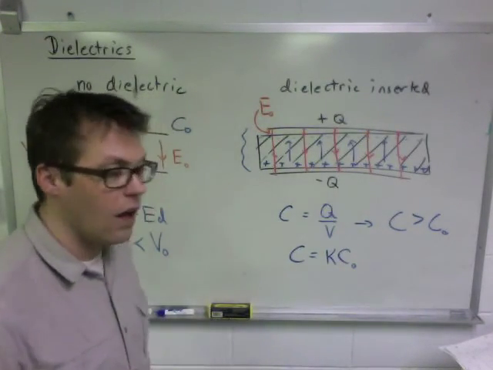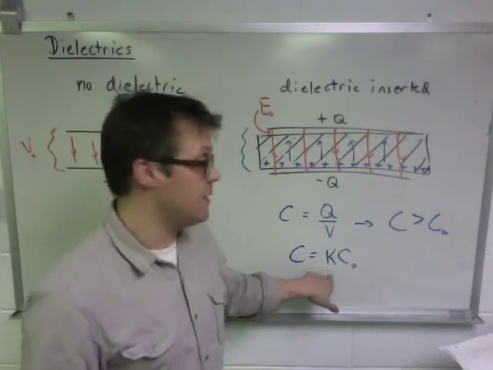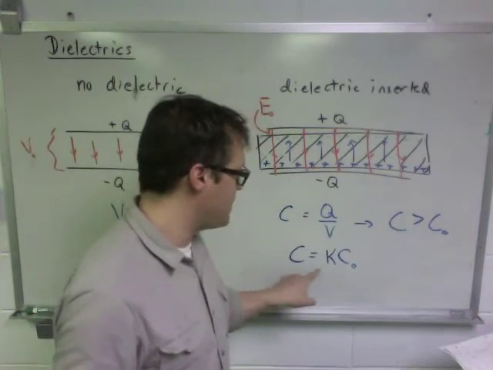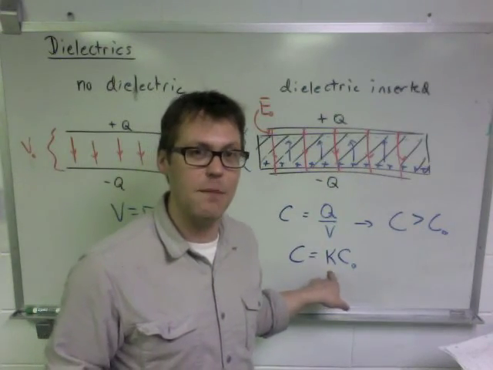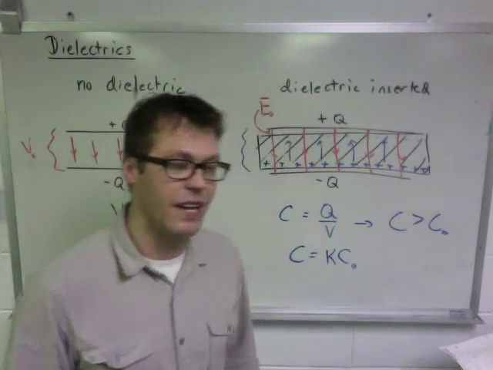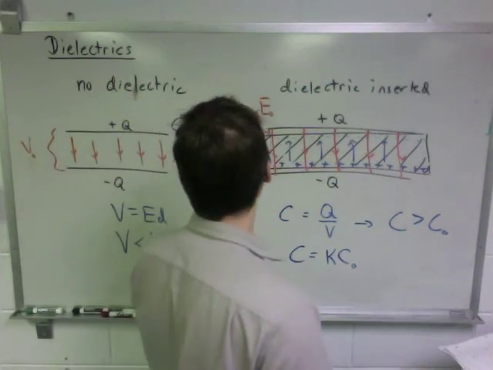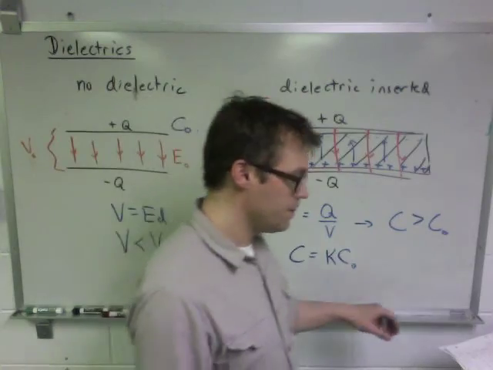So you can see that by putting in that piece of plastic, we've effectively beefed up our capacitor by a factor of kappa. We've made it a stronger capacitor. It can store more charge for the same voltage. So it turns out it's a very useful thing, these dielectrics.